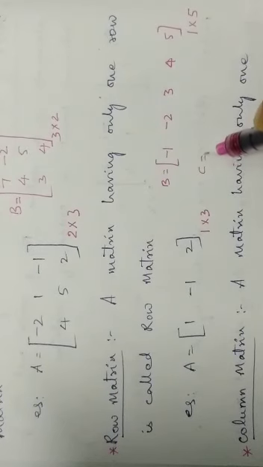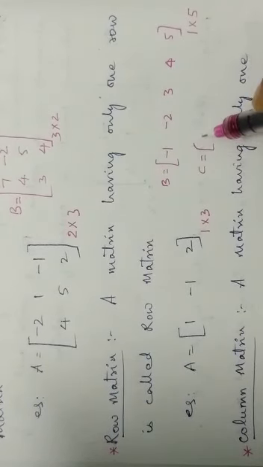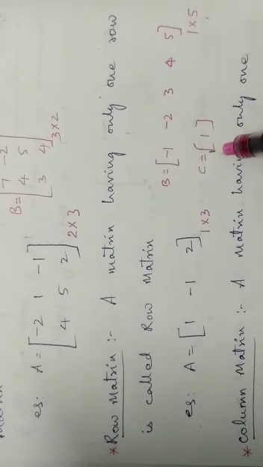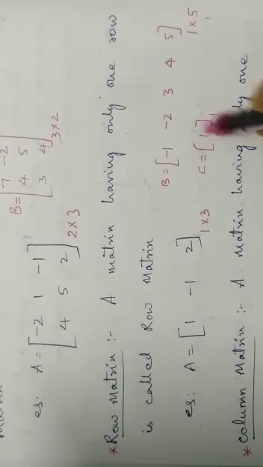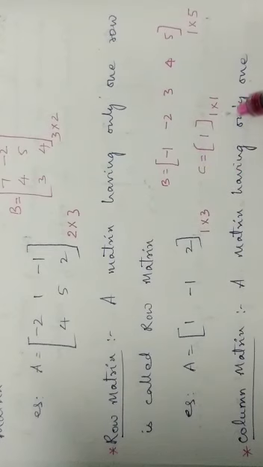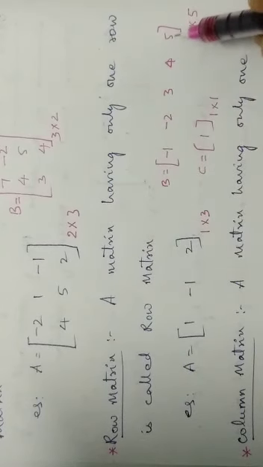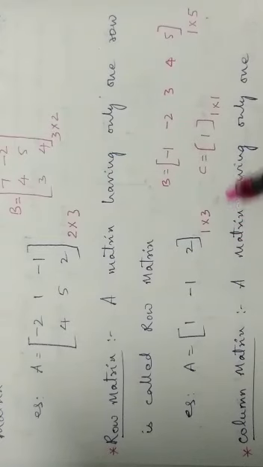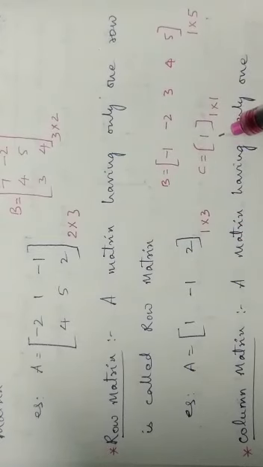See, this is a matrix. How many rows? 1 row. How many columns? Only 1 column. Except matrix having only 1 element, in all the cases, row matrix is a rectangular matrix.